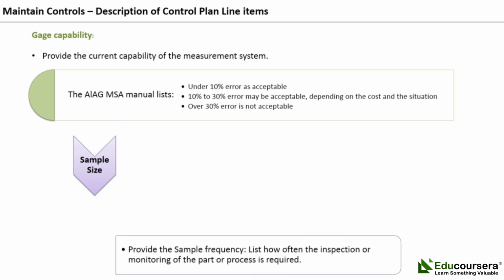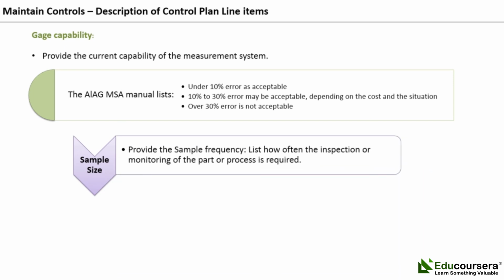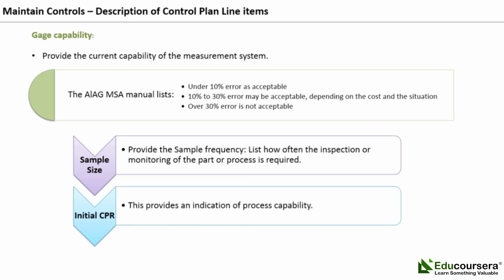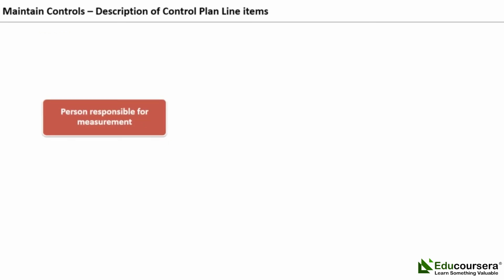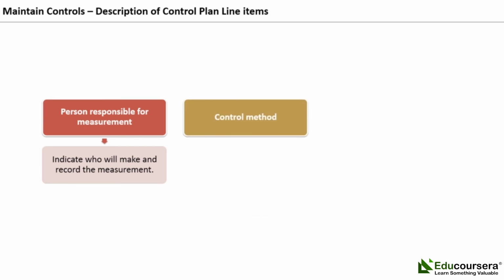Sample size. Provide the sample frequency. List how often the inspection or monitoring of the part or process is required. Initial CPR. This provides an indication of process capability. Person responsible for measurement. Indicate who will make and record the measurement. Control method.